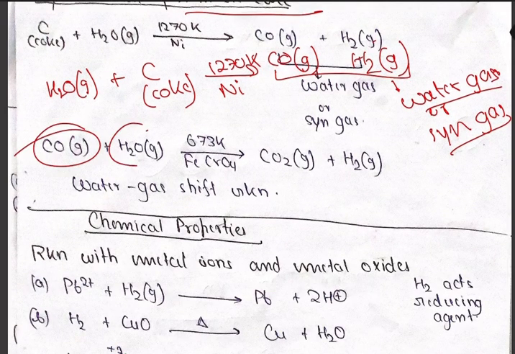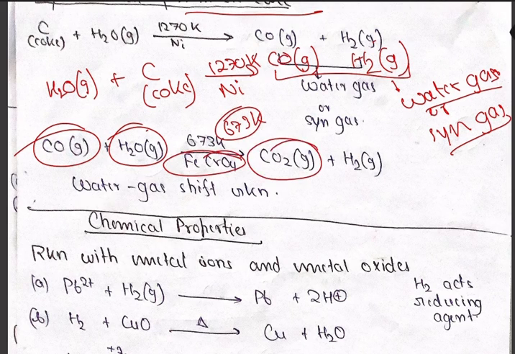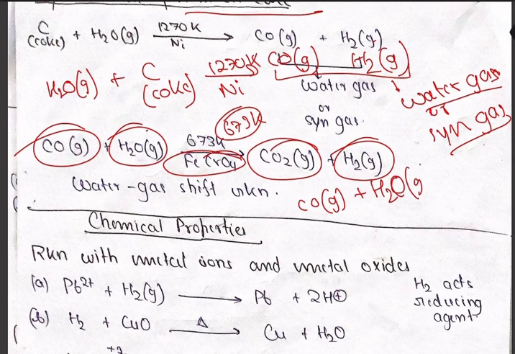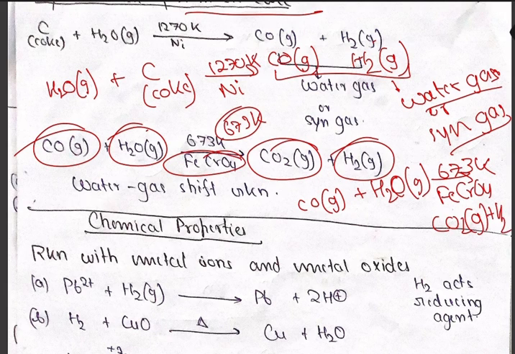Carbon monoxide plus H2O gas at a temperature of 673 Kelvin in the presence of FeCrO4 forms CO2 gas and H2 gas. Carbon monoxide in gaseous form plus water in vapor form react in the presence of FeCrO4 at 673 Kelvin, and we get CO2 and H2. We call this the water gas shift reaction.